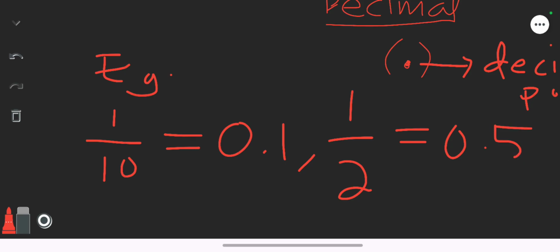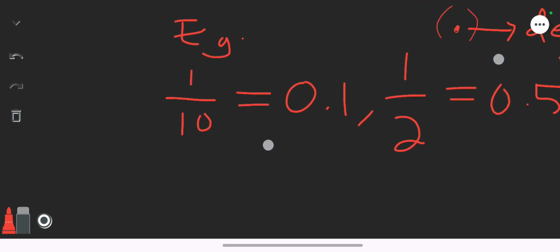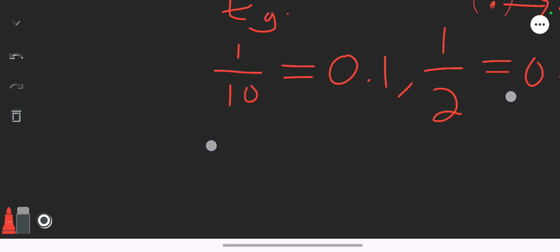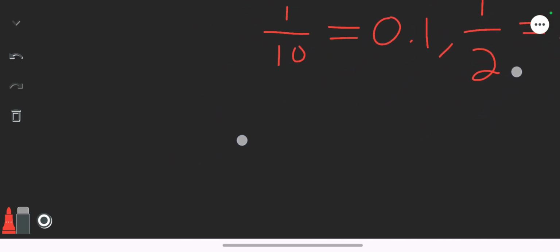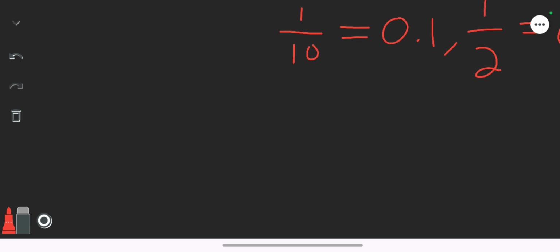So this is a very simple example of what a decimal is, or decimal numbers.